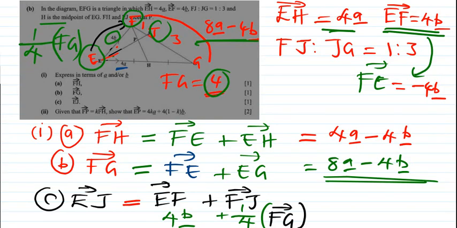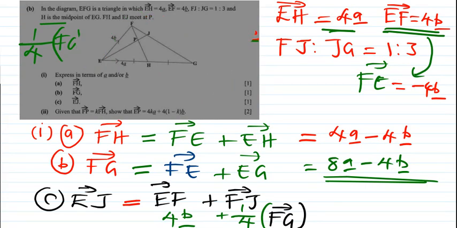The vector FJ is 1 over 4 of the total distance from F to G. If we're trying to understand J to G, it would be 3 out of 4. So now FG, I can substitute. FG, we found it to be what? 8a minus 4b.